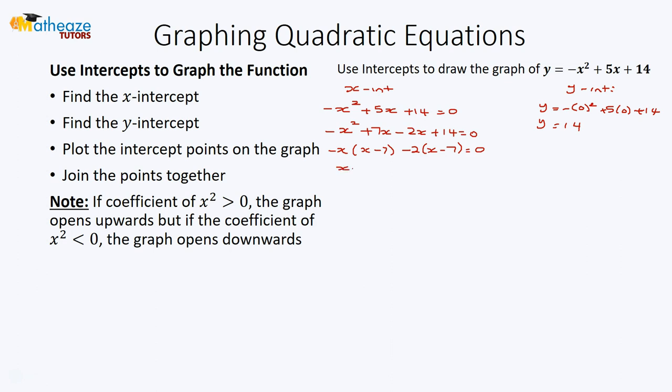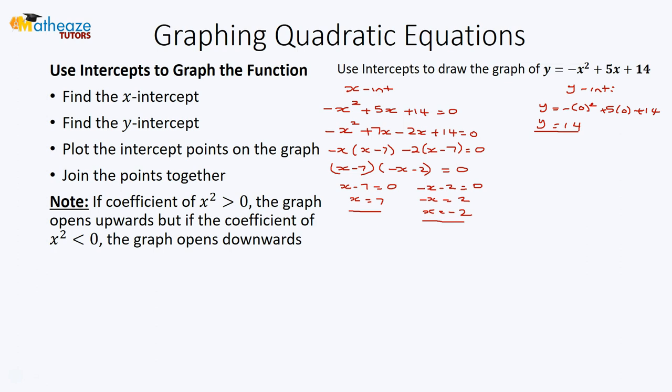So we have x minus 7 minus x minus 2 equal to 0. So x minus 7 equal to 0, x equal to 7, minus x minus 2 equal to 0, minus x equal to 2, x equal to negative 2. So we have our intercepts, x equal to 7, x equal to minus 2, and y equal to 14.